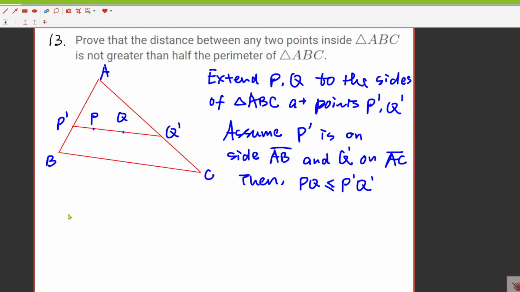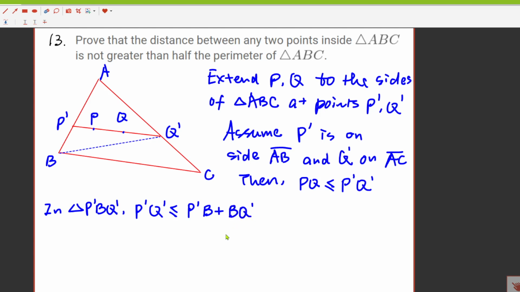So applying the triangle inequality to this triangle, P prime B Q prime, connecting these 2 points, we have P prime Q prime is less than or equal to P prime B plus B Q prime, right?